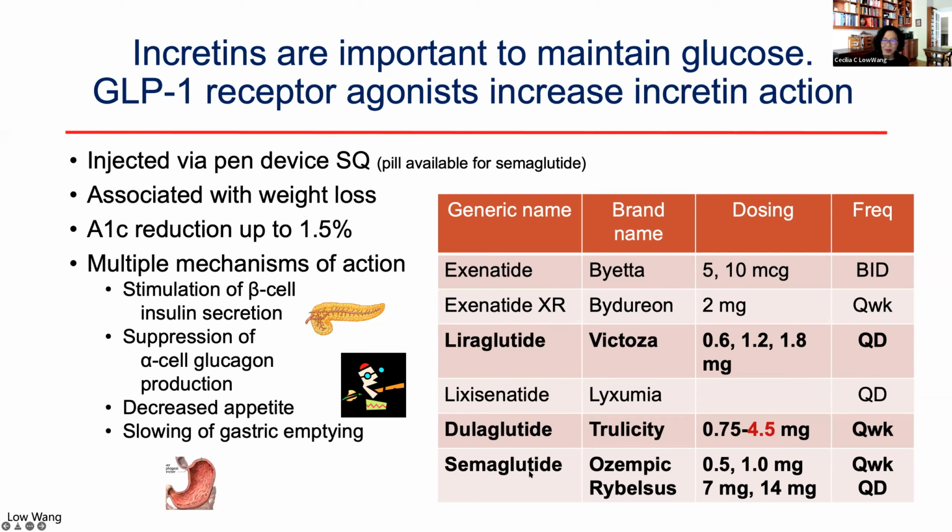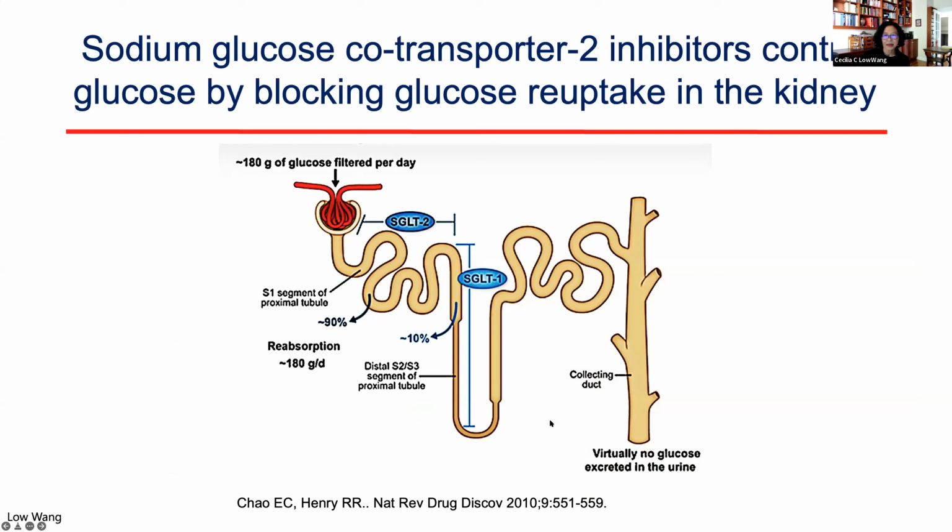Of these two, we think of semaglutide or Ozempic as being pretty potent in terms of glucose lowering and weight loss, and Trulicity or dulaglutide as being maybe a little bit less, except that now this has been approved for much higher doses. And so at these higher doses, you get more glucose lowering and you also get more weight loss. But the big drawback is that people can get some GI side effects from this. So you really have to start with low doses and up titrate.